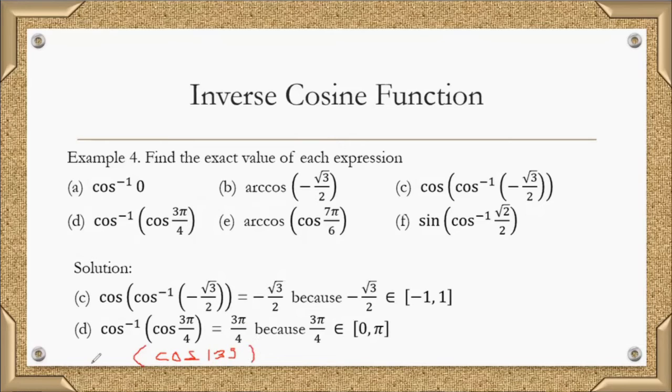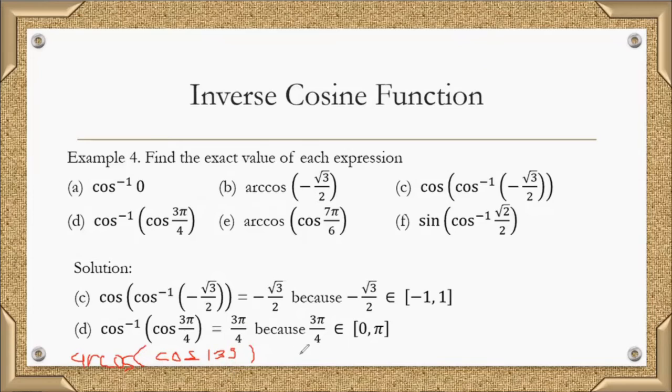Then, kuhanin mo lang yung kanyang arc cosine. Siyempre, bago makuha yung arc cosine nun, kuhanin mo muna yung value ng cosine 135, ay equal sa negative square root of 2 over 2.